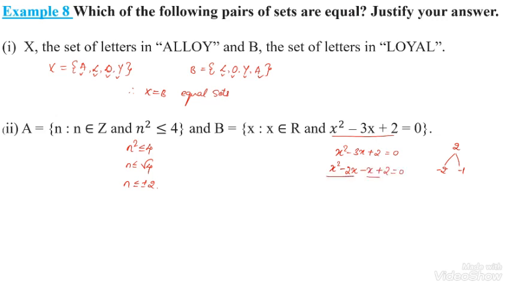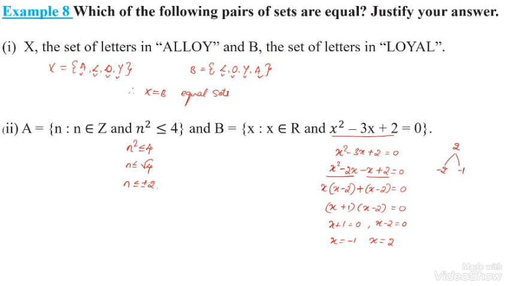Taking grouping, x as a common, x minus 2, minus 1 as a common, it becomes x minus 2 is equal to 0. While solving this, x plus 1 times x minus 2 is equal to 0. Now x plus 1 is equal to 0 and x minus 2 is equal to 0. Again we get the result x is equal to minus 1 and x is equal to plus 2.